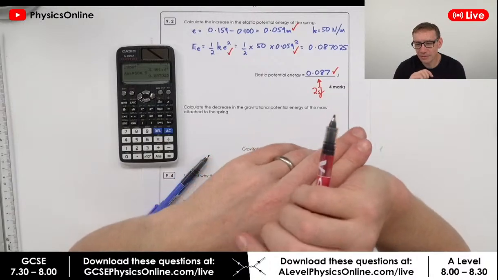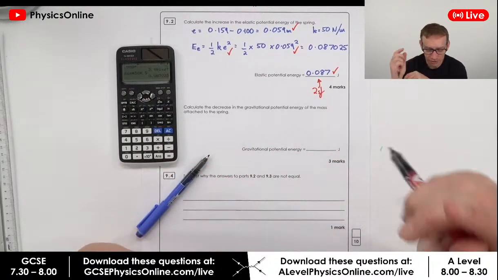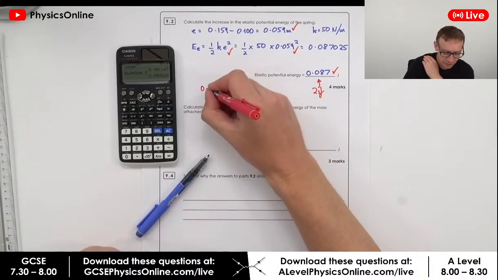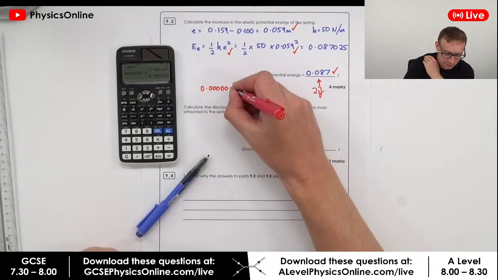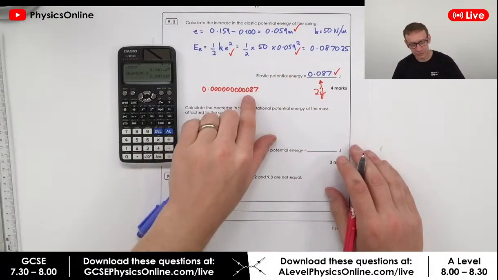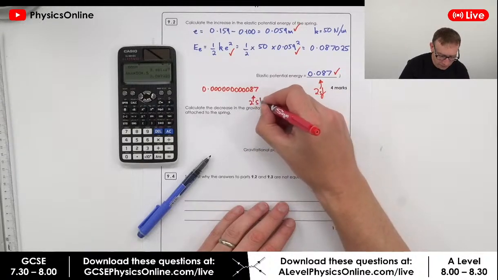Does the first 0 after the decimal point count as a significant figure? No, so the first one doesn't add to the significance. So you could have a number like 0.0000000000087, and this is still two significant figures.